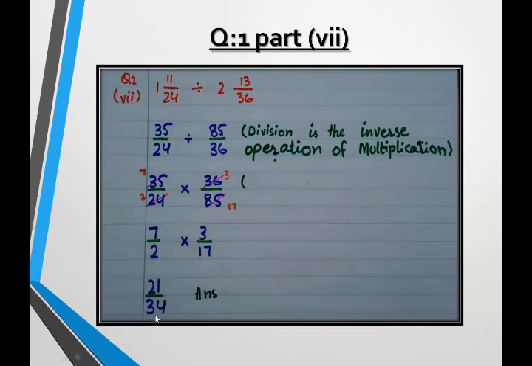It becomes your answer. No need to do long division in this question because the denominator is greater than the numerator. When this type of situation comes in your answer, then this will be your answer. No need to do long division.